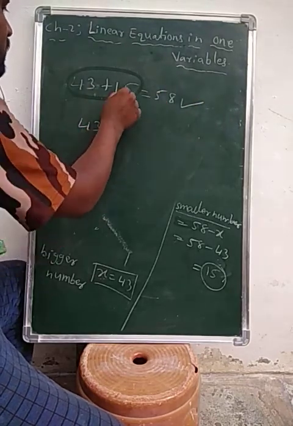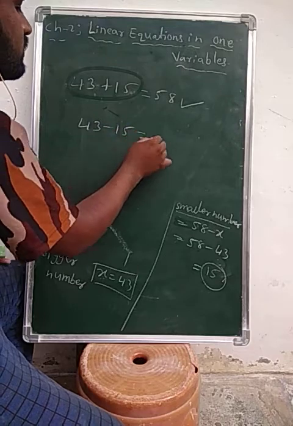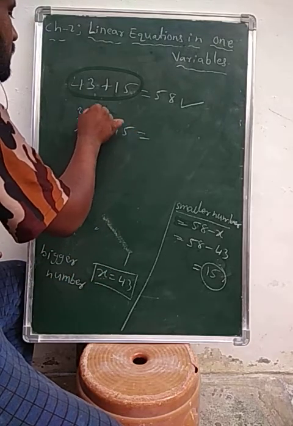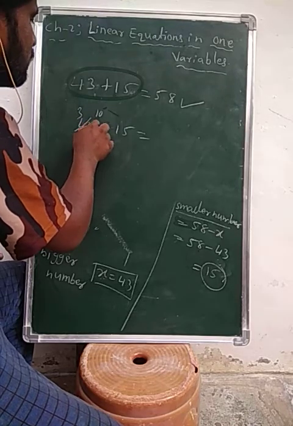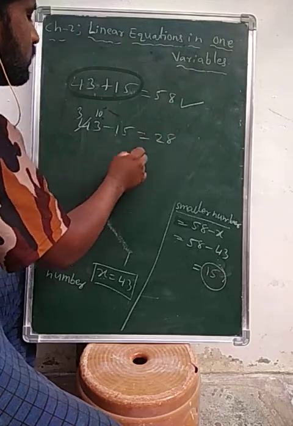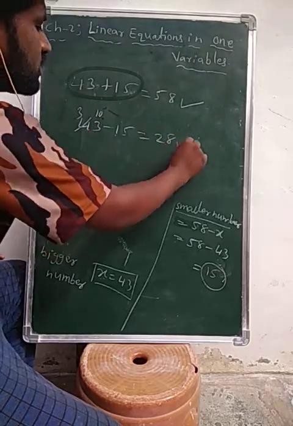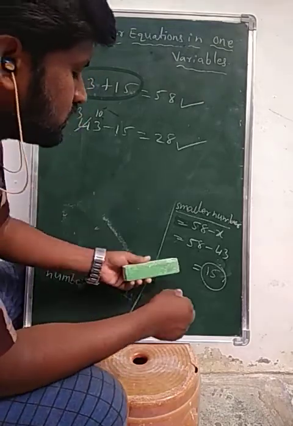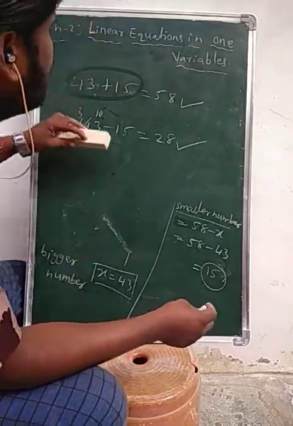And 43 minus 15, by borrowing, 13 minus 5 is 8, 3 minus 1 is 2. The difference between the two numbers is 28. So this is the required verification, and this is the required answer.